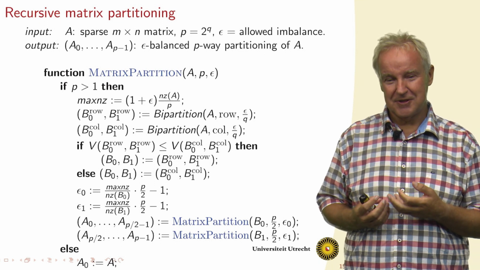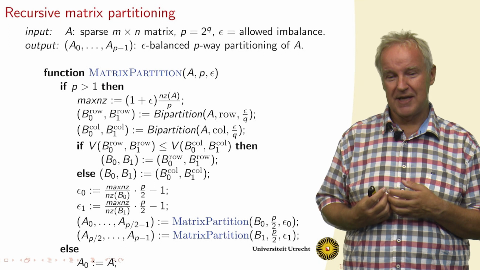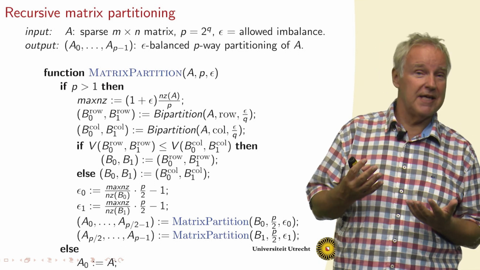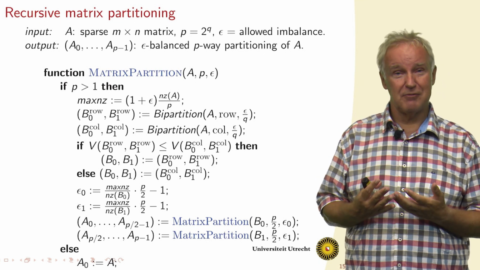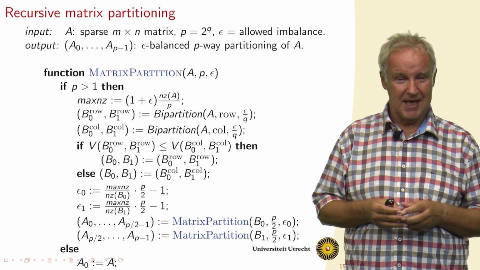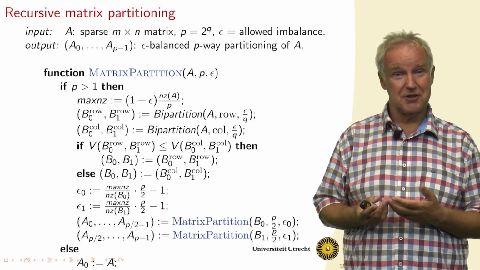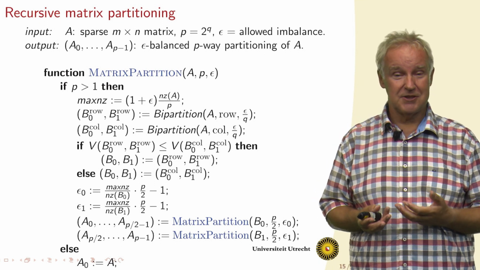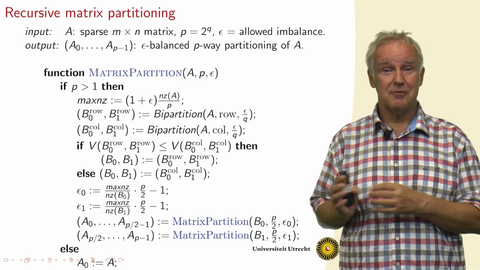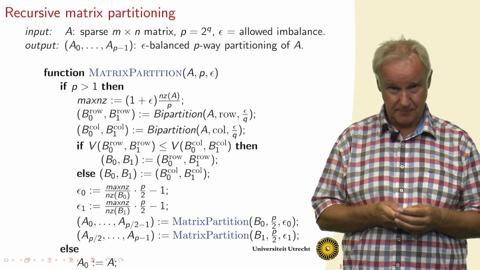And so that's why we compute an epsilon 0 and an epsilon 1, based on the maximum number of non-zeros that we are allowed to have in the end. And we call this function recursively twice, for the part B0 and for the part B1.